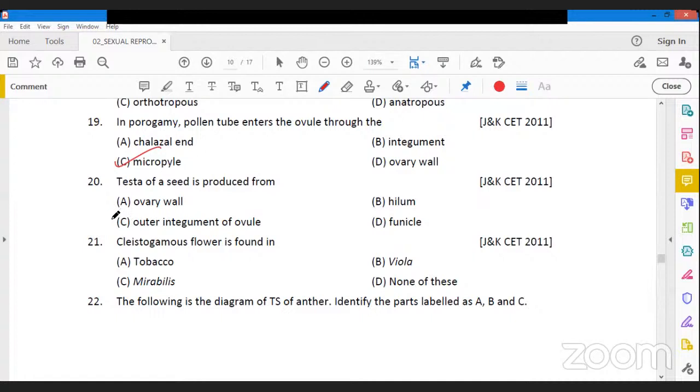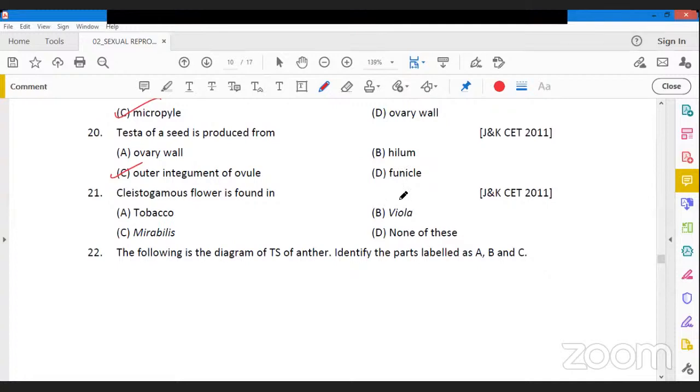So the 20th, the testa of a seed is produced from the outer integument of the ovule. Done. Then the 21st, cleistogamous flower is found in viola.